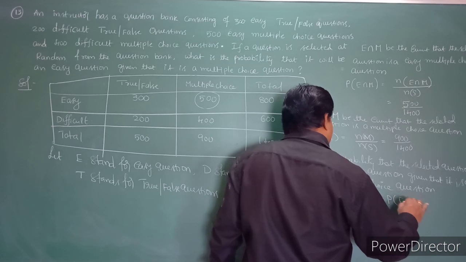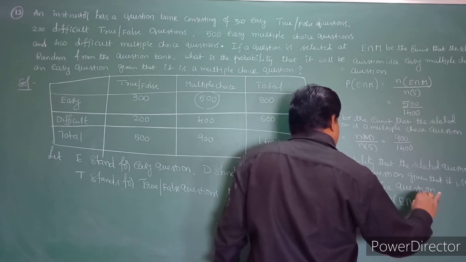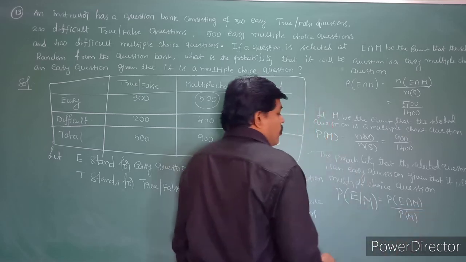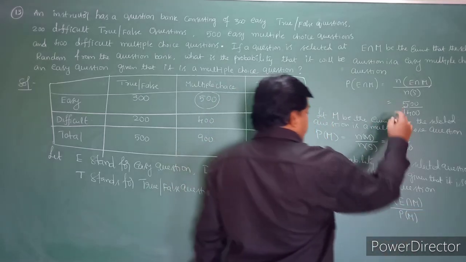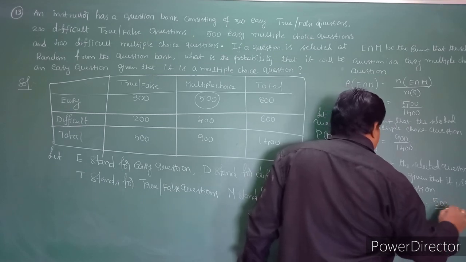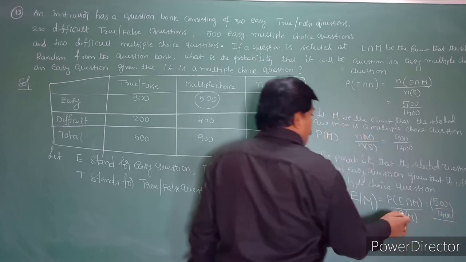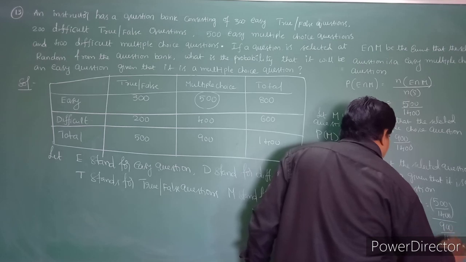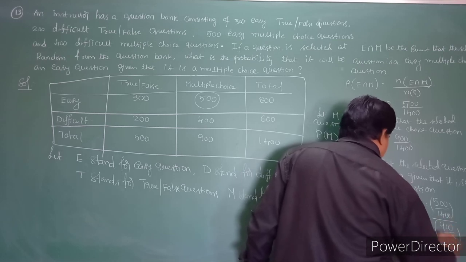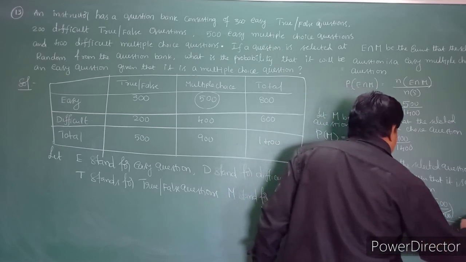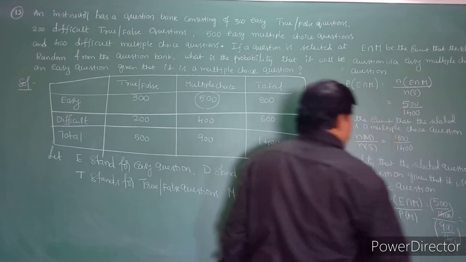The probability of E intersection M by the probability of M. The probability of E intersection M we already calculated: 500 by 1400. P of M is 900 by 1400. So 1400 will be cancelled, 500 by 900, and that value is 5 by 9.